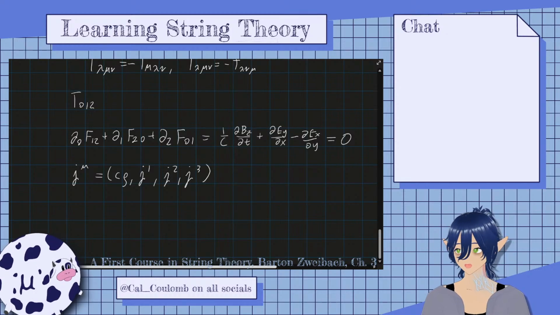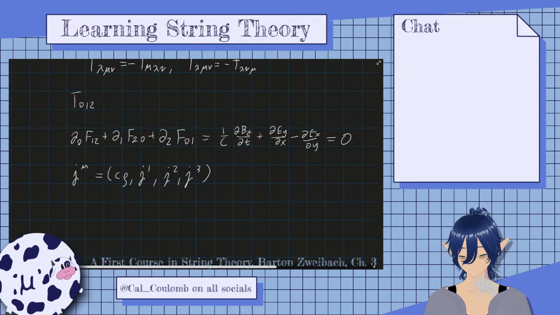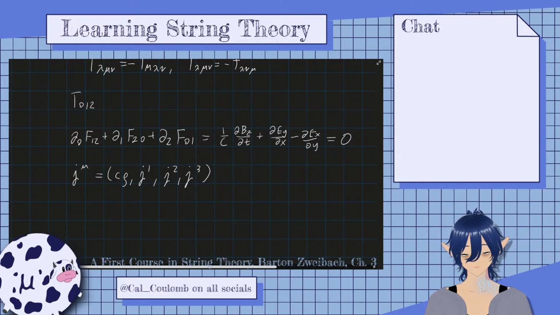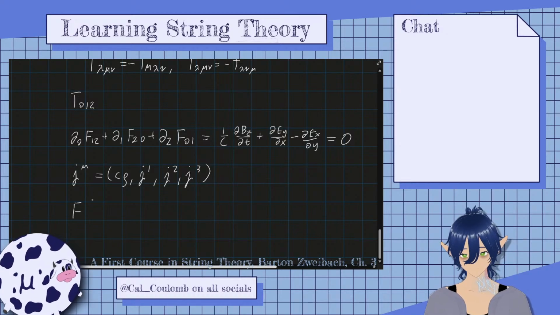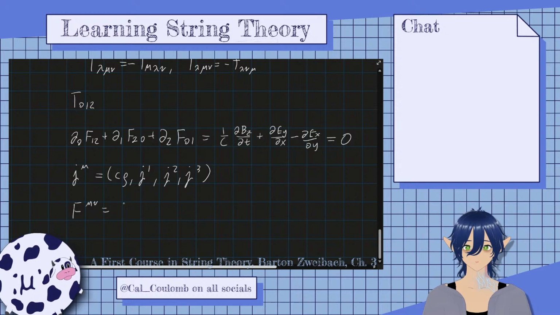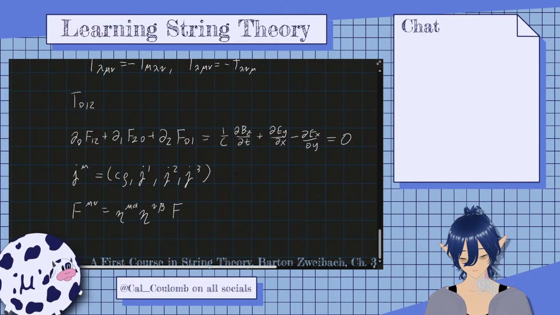So the time component is the charge density, and the spatial components are the current densities. In addition, we raise the indices of the field tensor to obtain the field tensor with upper indices. So F^μν is equal to η^μα η^νβ F_αβ.